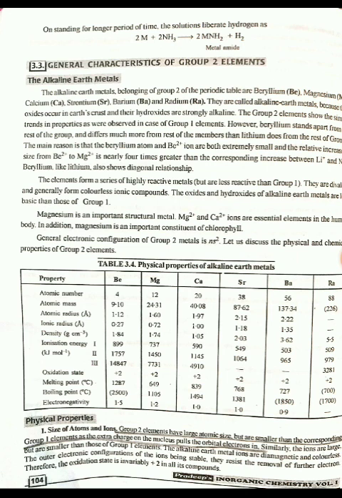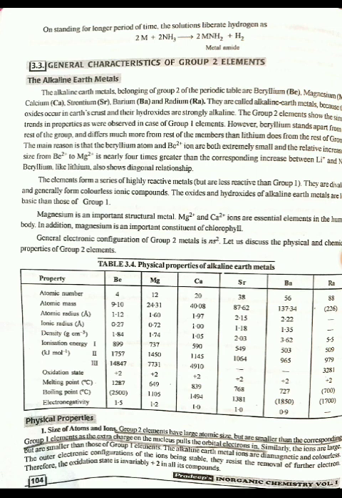Boiling point in degrees Celsius, beryllium 2500, magnesium 1105, calcium 1494, strontium 1381, barium 1850, radium 1700. Electronegativity, beryllium 1.5, magnesium 1.2, calcium 1.0, strontium 1.0, barium 0.9.